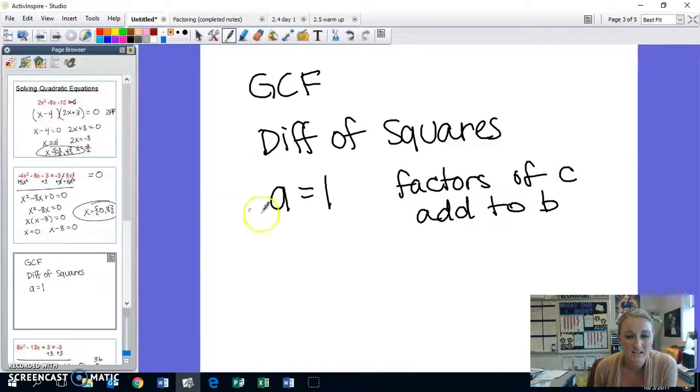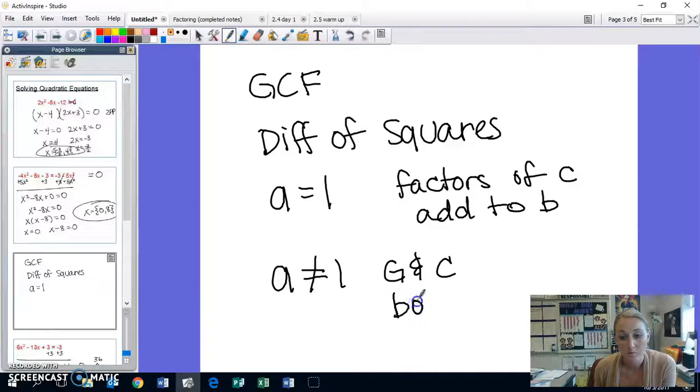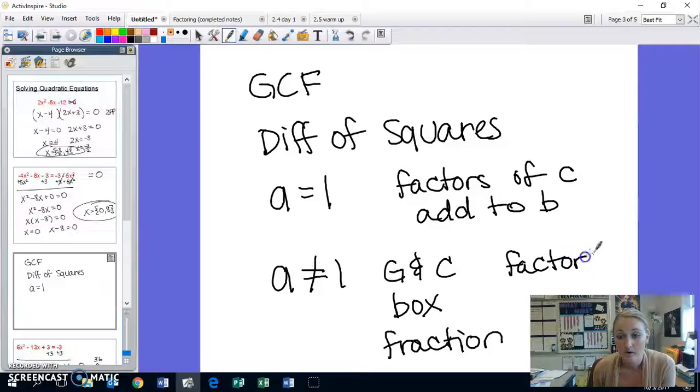This is kind of a guess and check method as well. And when a does not equal 1, you have guess and check, you have the box, you have the fraction, which is what I used today, or if you really want to, you have factor by grouping. All of those options are available for you to find the factors, then use the zero product property.